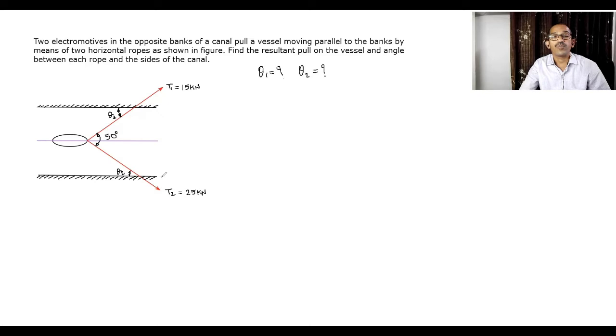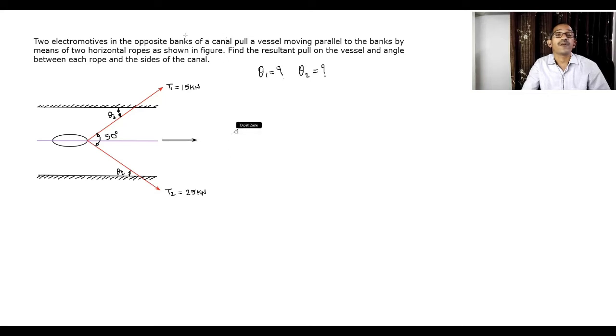Now when these two pull forces are applied and this vessel moves parallel to the banks, that means the resultant of the given force system acts in which direction? In the direction of motion of this vessel. That means this one I represented is the direction of the resultant.